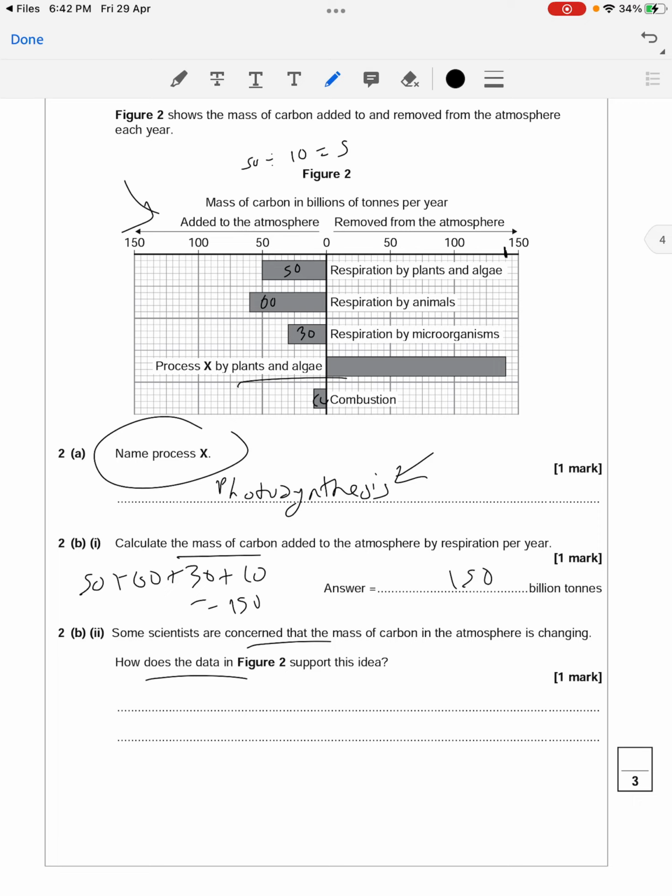And what is this section here? We can see that there's a 5, so it's 5 times 5. It's 125 plus 5 times 1, 2, 3. That's 140. So 140 is being removed from the atmosphere, right? So 150 minus 140 is about 10 billion more tons that are added than removed.